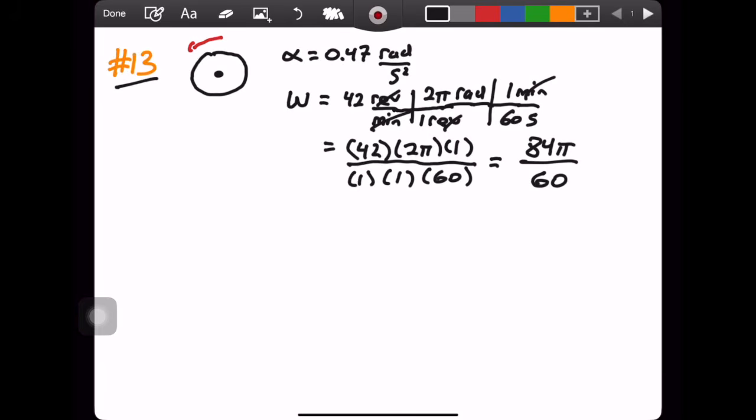You could further simplify that, but I'm just going to leave it like that for now, because I want to move into the more important thing here, which is that now that we have the conversion, we can apply rotational kinematics equations for constant angular acceleration, just like we were able to do for our linear kinematic equations.